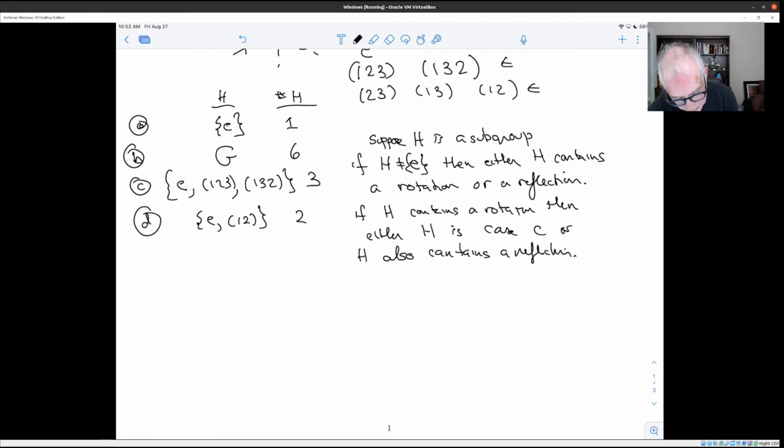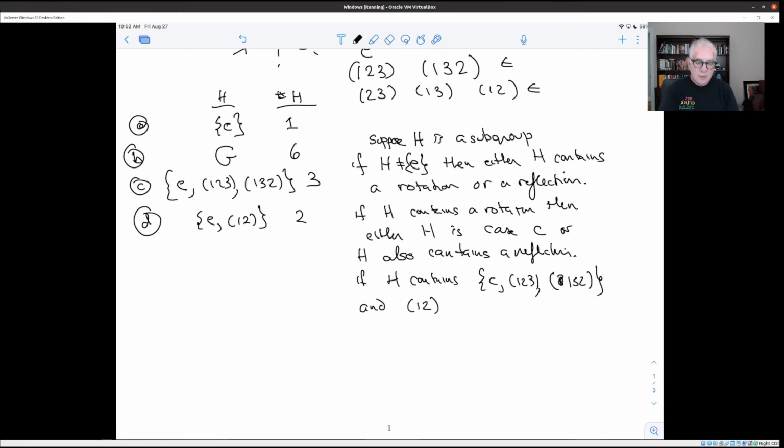So let's imagine H contains the rotations, and let's just say it contains a reflection, maybe (1 2). Well, then H also contains the product (1 2 3)(1 2). If we use our ability to multiply cycles, here 1 goes to 2, and then 2 goes to 3.